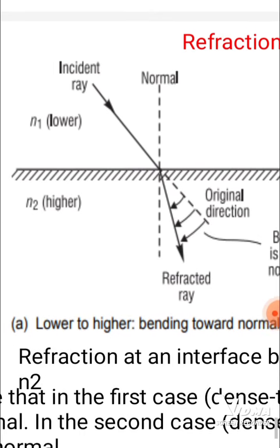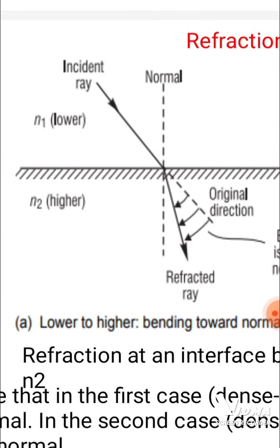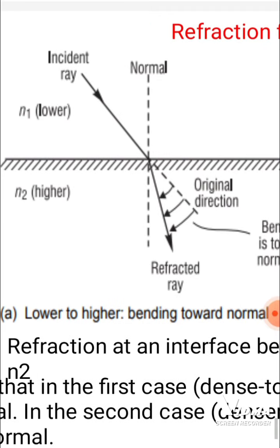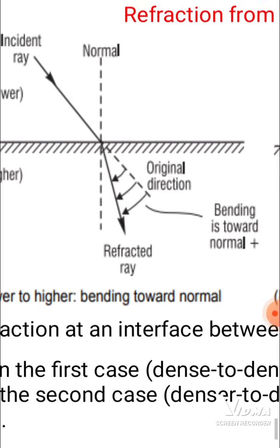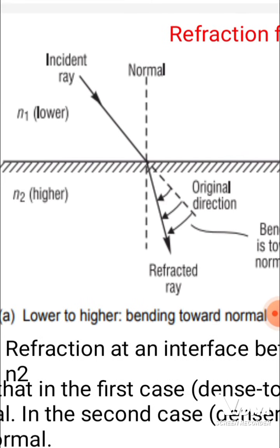Then let's look at what happens when light moves from one medium to another: from a denser medium to a less dense medium, and from a less dense medium to a denser medium. When light moves from a denser medium to a less dense medium, there is a bending away from the normal, as you can see in one of the figures.